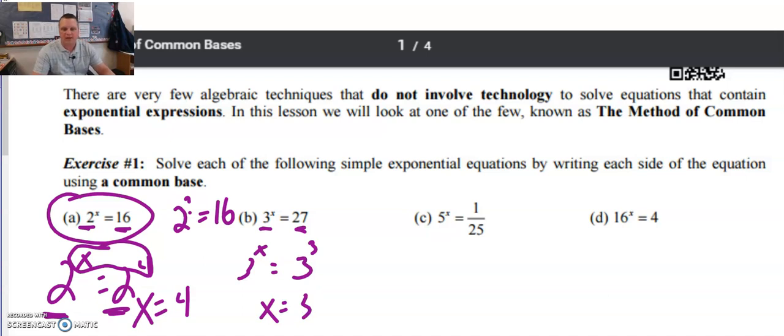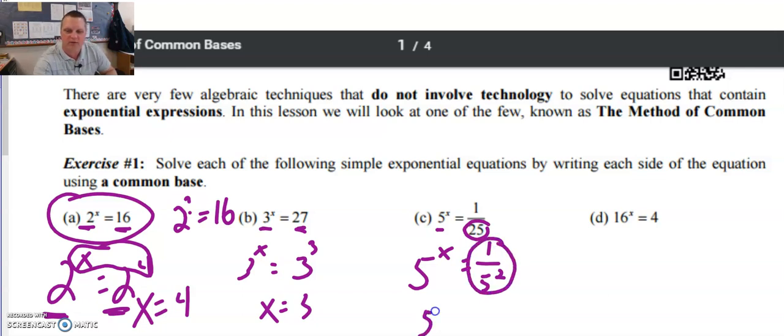Now, the next one is a little more challenging. The 5 can't be broken down, but the 25 can be. So the 25 is broken down to 1 over 5 squared. And we have a fraction with an exponent, and it's using one of our formulas in lesson 1, I think it was, where this 1 over 5 squared is the same as, oops, that's not a 2, that should be an x.